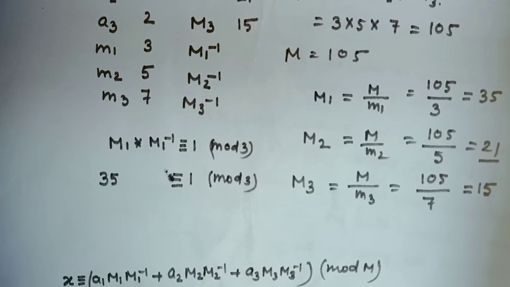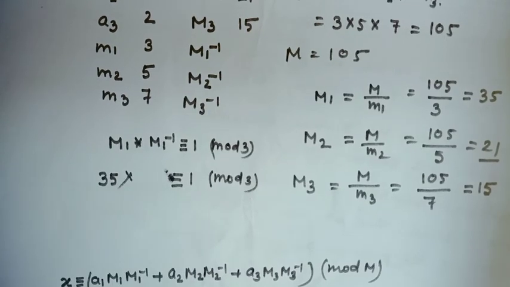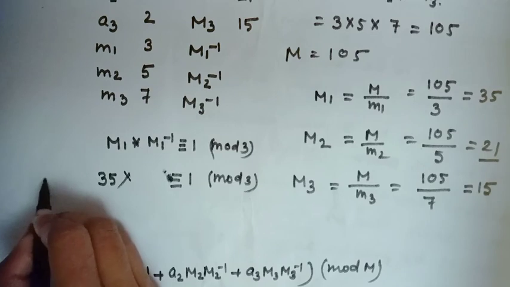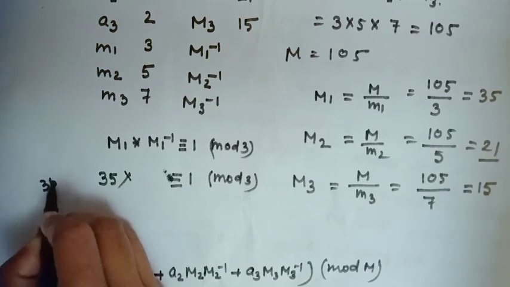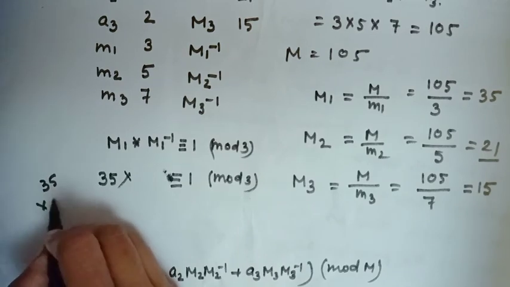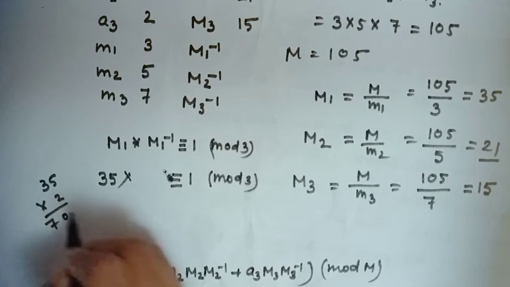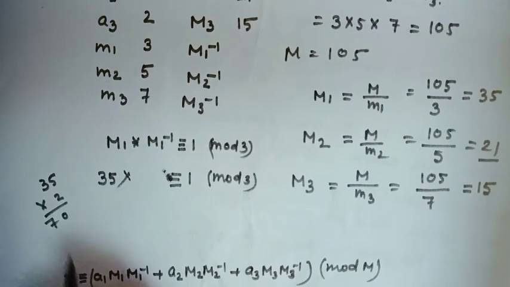What will be M1 inverse? Let's see, 35 into 2 equals 70.